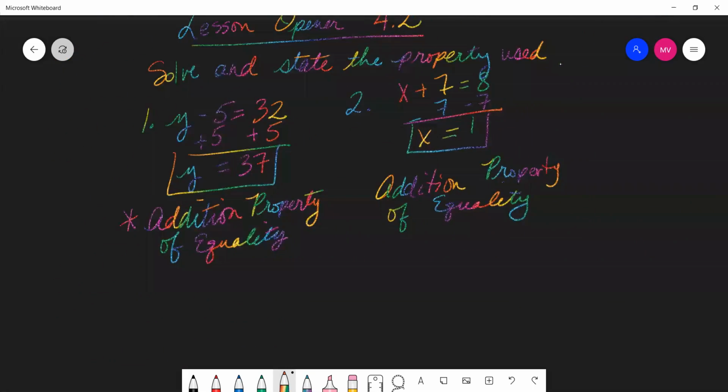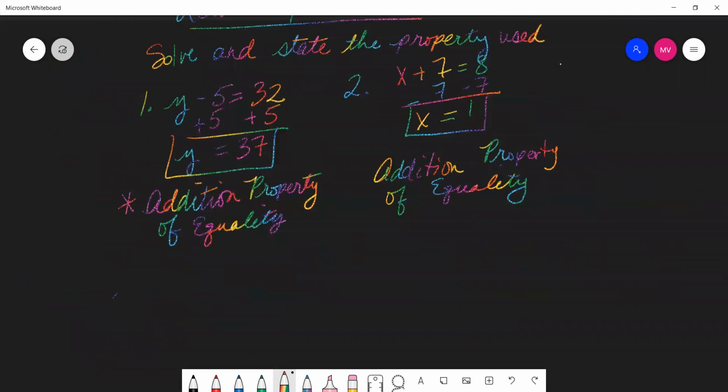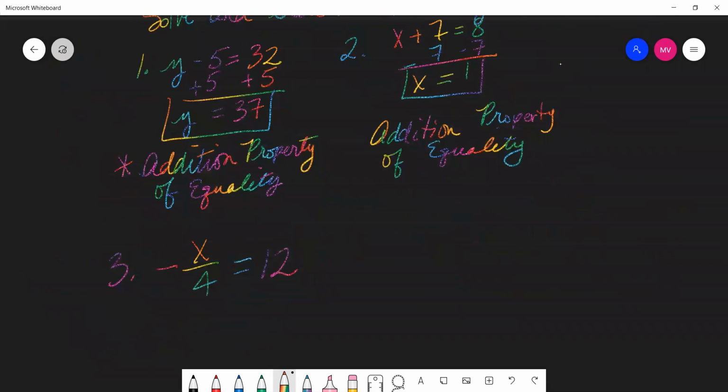All right, let's look at 2 more of these. What if I had negative x divided by 4 equals 12? What is my inverse operation here? Right, you said it right the first time: negative 4.